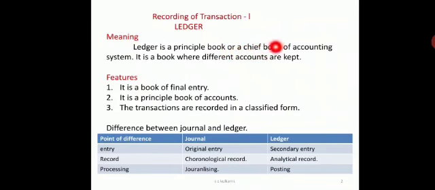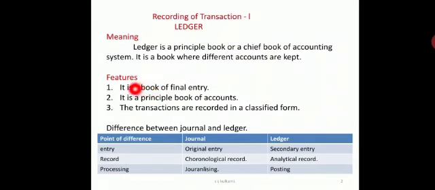If I take liabilities like creditors, bills payable, bank overdraft, loan, separate accounts are maintained. In assets, cash, bank, debtors, bills receivable, stock, furniture, machinery, for each and every asset a separate account is maintained. That's why it is called the principal or chief book.